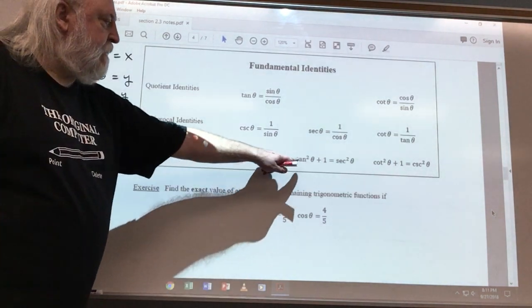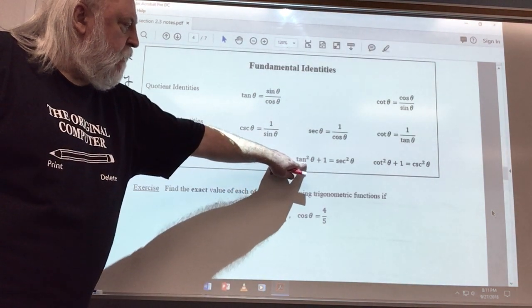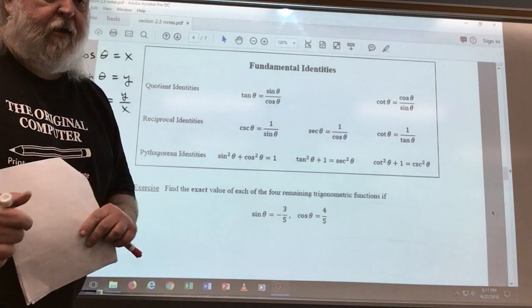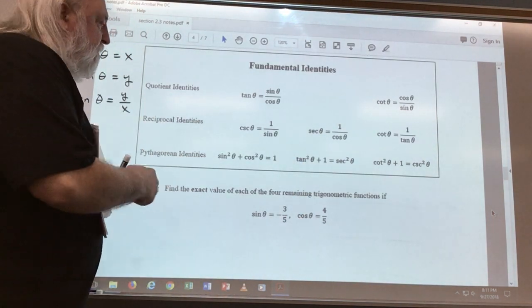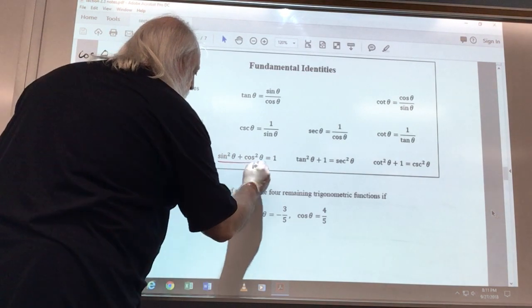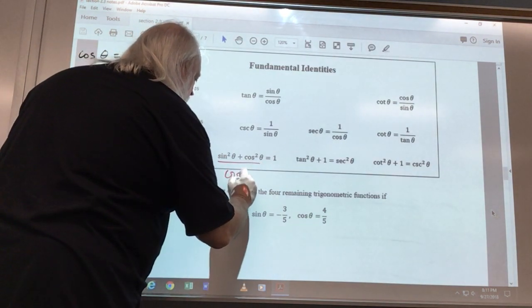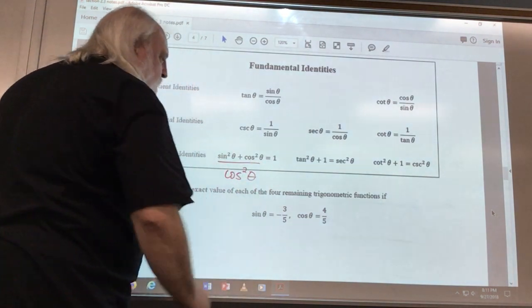Another way to get this tangent squared plus 1 equals secant squared identity is we could divide both sides of the equation by cosine squared theta.